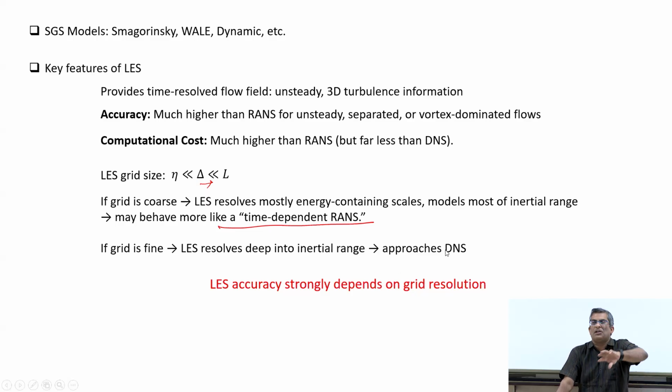Then the benefit of LES is gone. If you make the grid size too small, then you are approaching DNS, so the computational cost is again high. That is why the accuracy of LES strongly depends on the resolution of the grid. So the grid has to be optimally resolved.